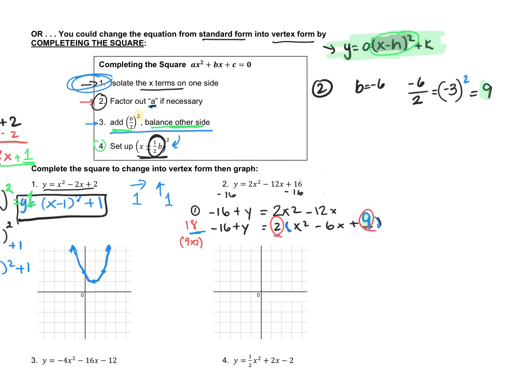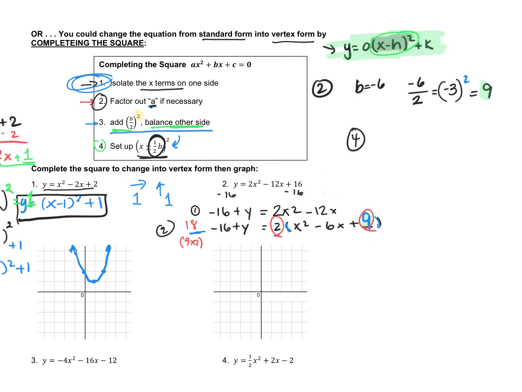Okay, so that was number 2. We did number 3 by balancing out. Now we're going to put it in our vertex form.